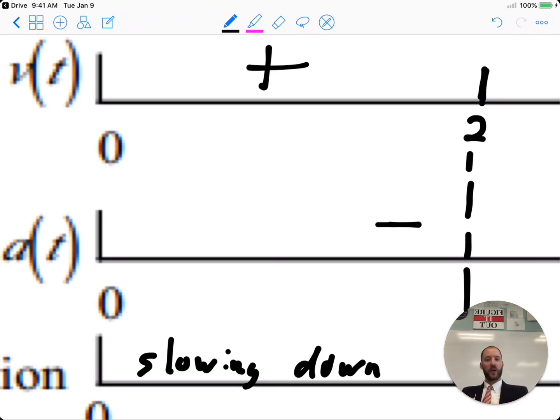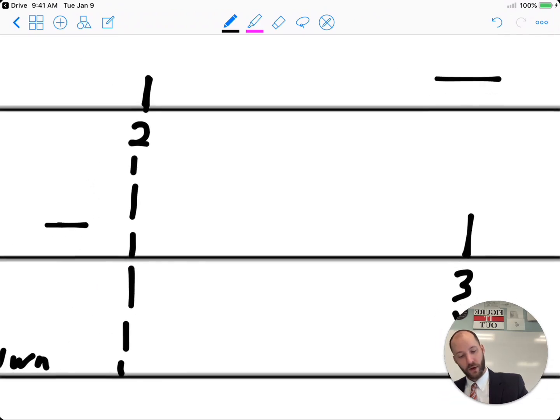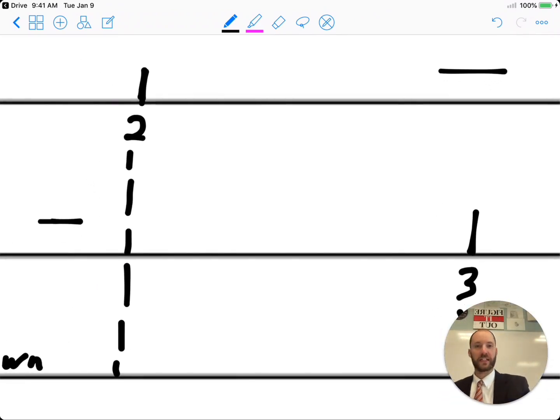So we're going up, but we're being pulled down, so we're slowing down. Now from 2 to 3, velocity is negative, and the acceleration is negative. So the object is moving down and is being pulled down. So it's speeding up in the downward direction.